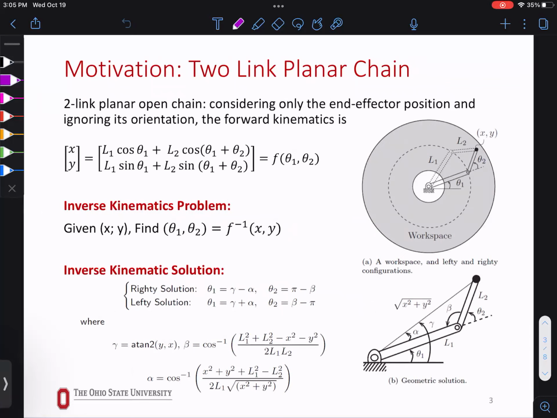Now, the actual problem in the real world is that your robot needs to go and pick up this cup of coffee sitting over there. Let's say we know where it is. How should the robot approach and grab that? Meaning, how much does each joint have to move, in what direction, for the end effector to end up there?